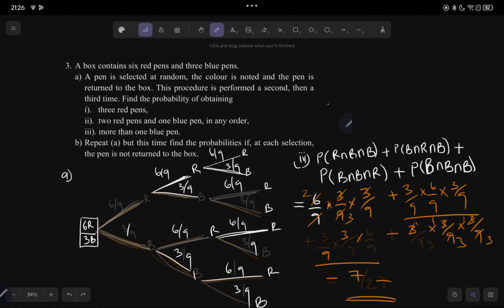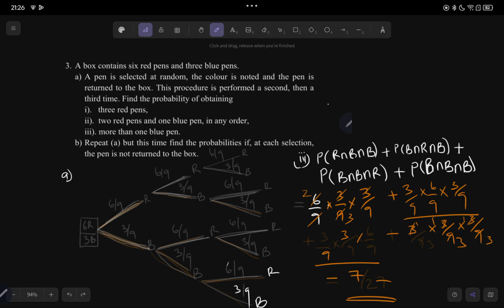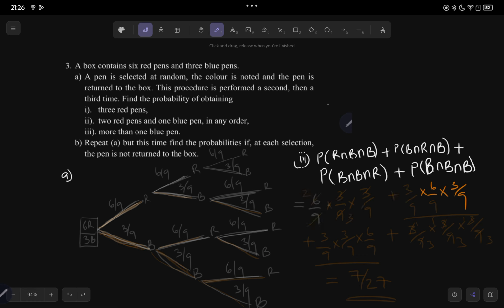Let's first now clear off everything. Now things are changing because this time you are not picking with replacement. This time we are picking but not bringing back, which means as we pick a pen from the box and we don't return, every time we pick, our total sample space will reduce by 1, and the particular color we have picked would also have reduced by 1.